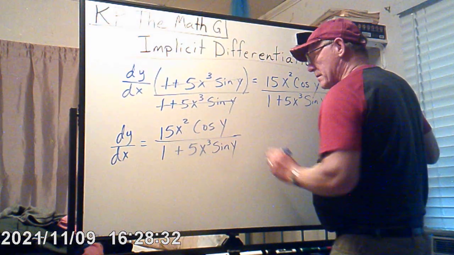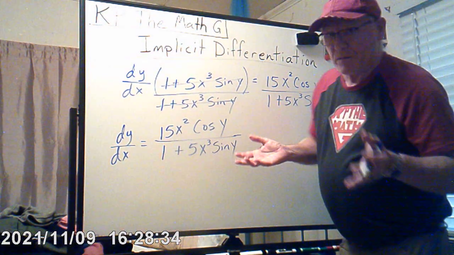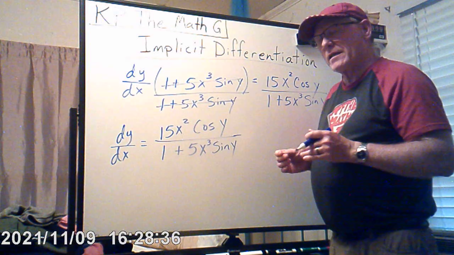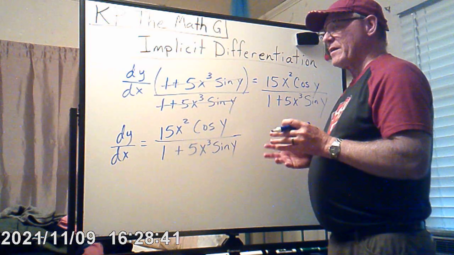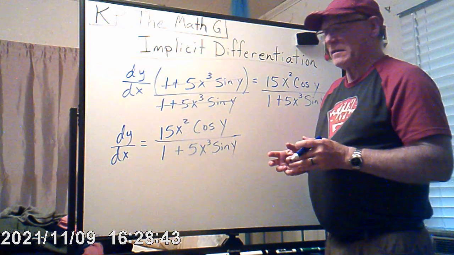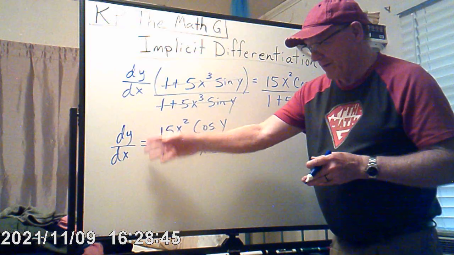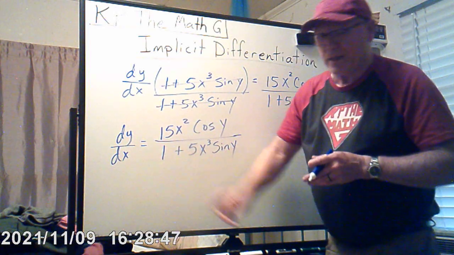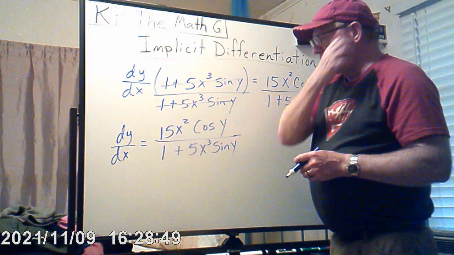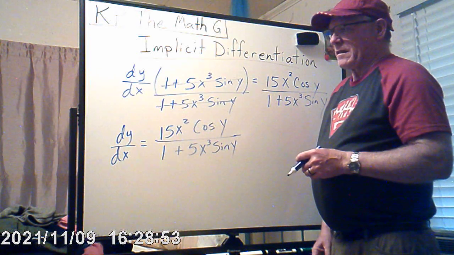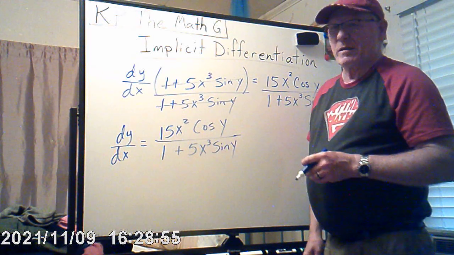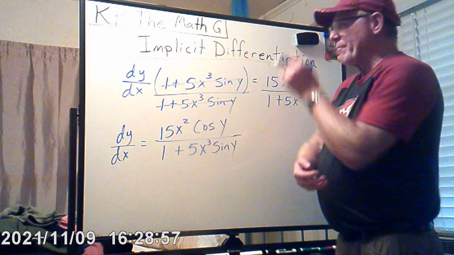Again, this could represent the slope of the tangent line, instantaneous velocity, anything that has to do with a rate of change. That's what dy over dx is. It is a rate of change: miles per hour, feet per second, dollars per hour, whatever we want it to be.